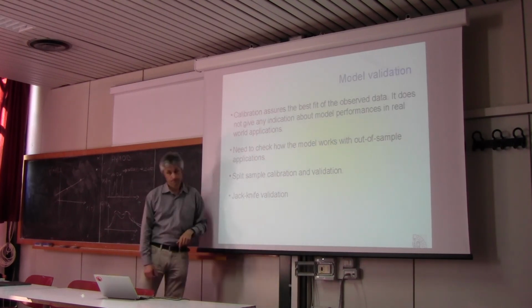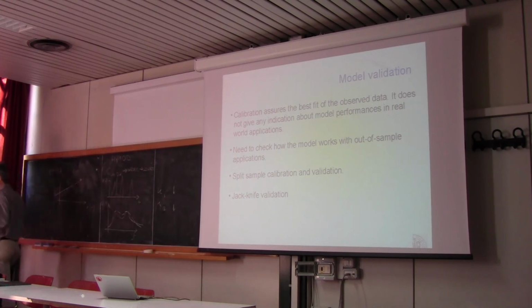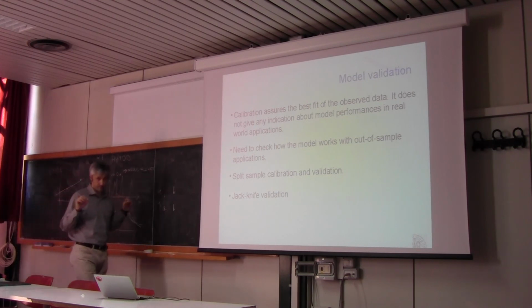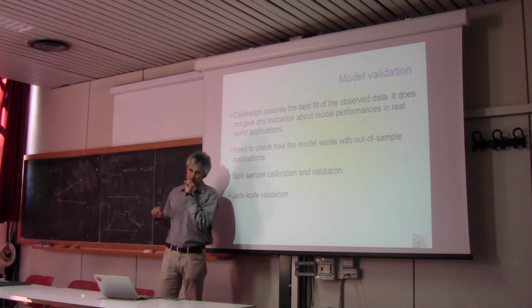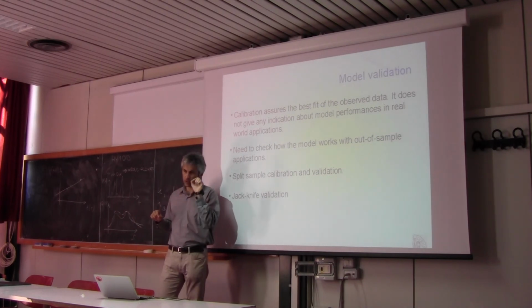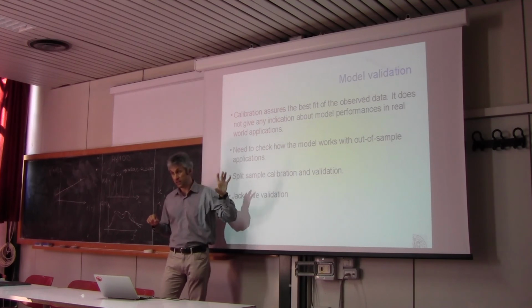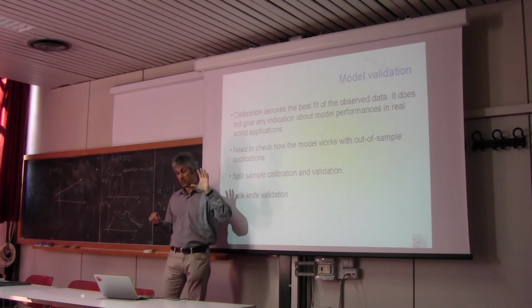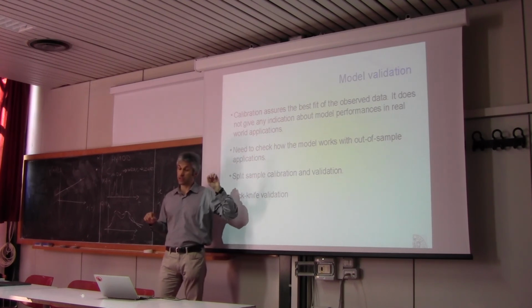Now, let's move to validation. So far, we just talked about parameter estimation. And I already mentioned to you that getting good performances in calibration doesn't automatically imply that you get the same good performances in application.